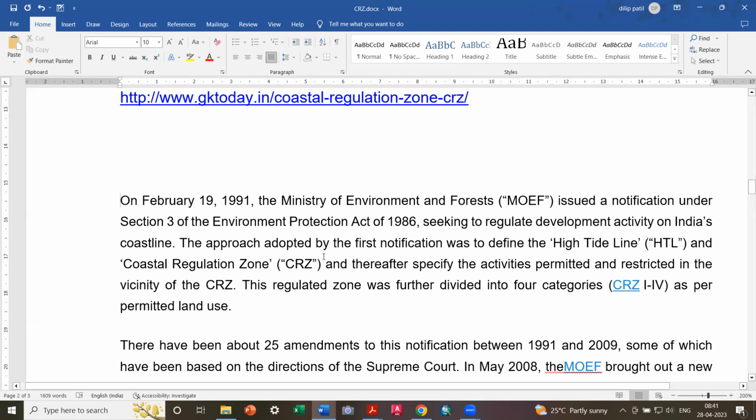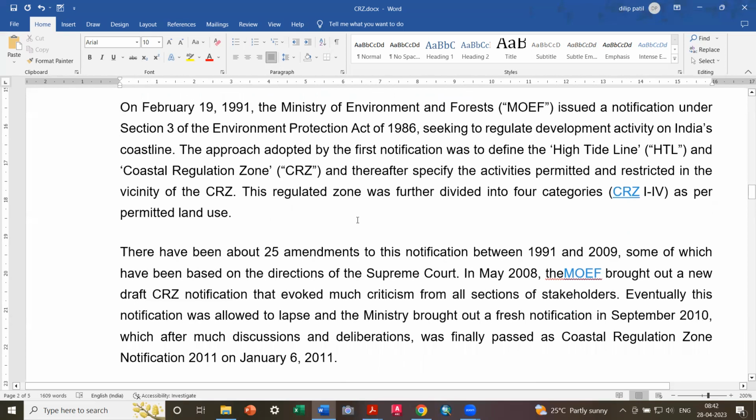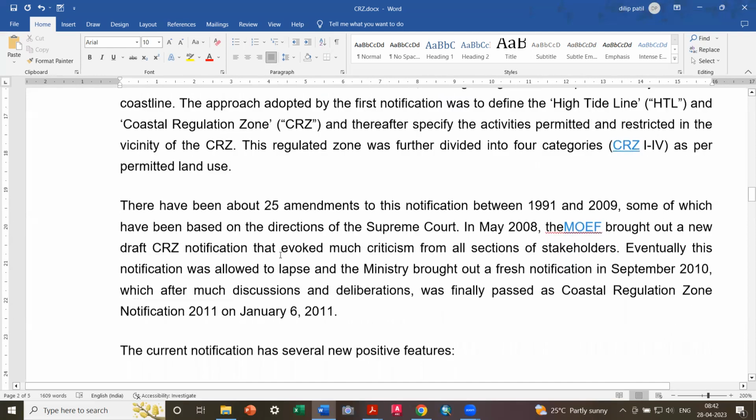The approach adopted by the first notification was to define the high tide line and coastal regulation zone. Thereafter, specify the activities permitted and restricted in the vicinity of the CRZ. This regulated zone was further divided into 4 categories. So we are going to see all these things in the actual act.